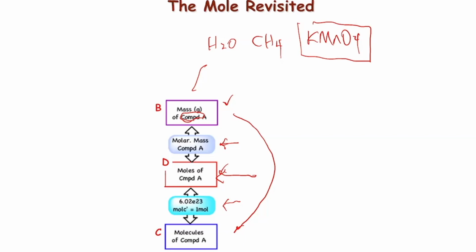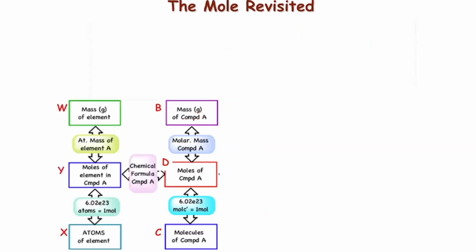And that's where this comes in, okay? This second leg is for the elements in a compound, like KMnO4. I want to know about the oxygen in KMnO4. Guess what? The formula of a compound is the conversion factor.